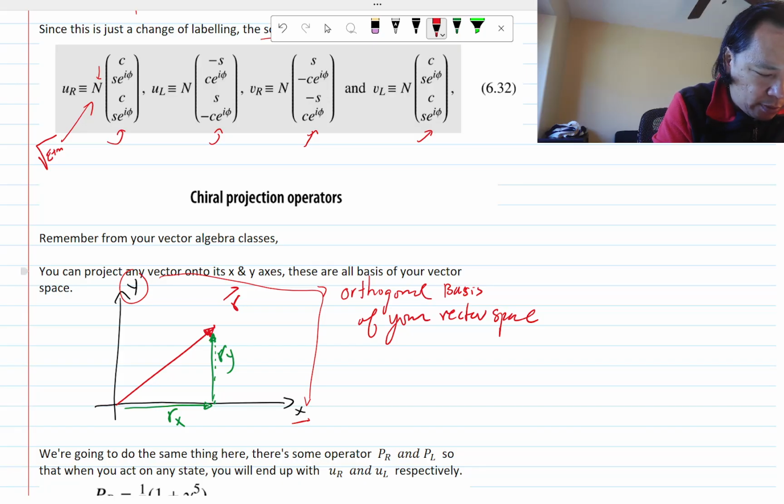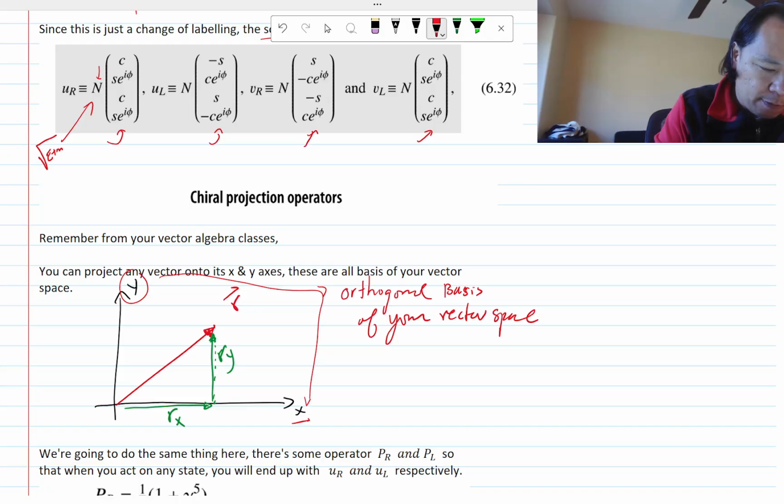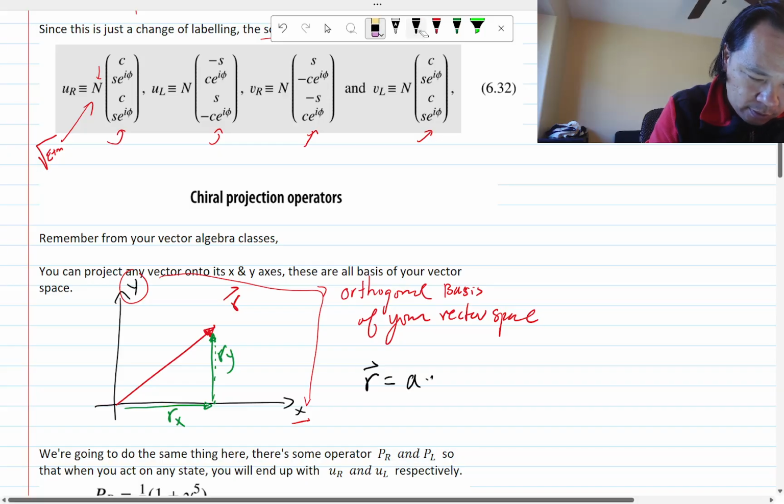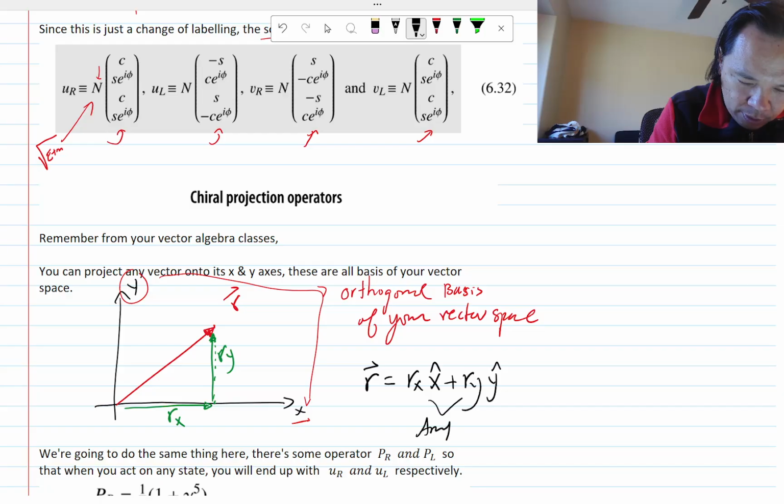Because if we're dealing with anything on the xy plane, that's your space. That's where all your stuff is happening. By writing a vector r with some piece along the x direction, rx, plus some piece along the y direction, you can go to any point in your xy plane.